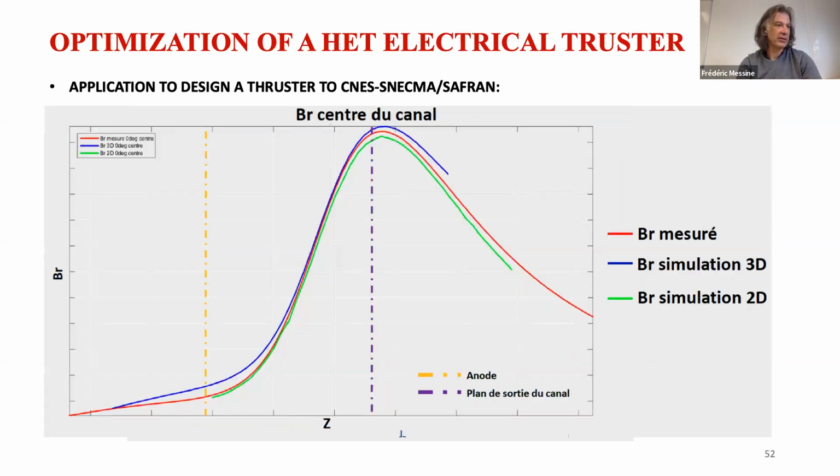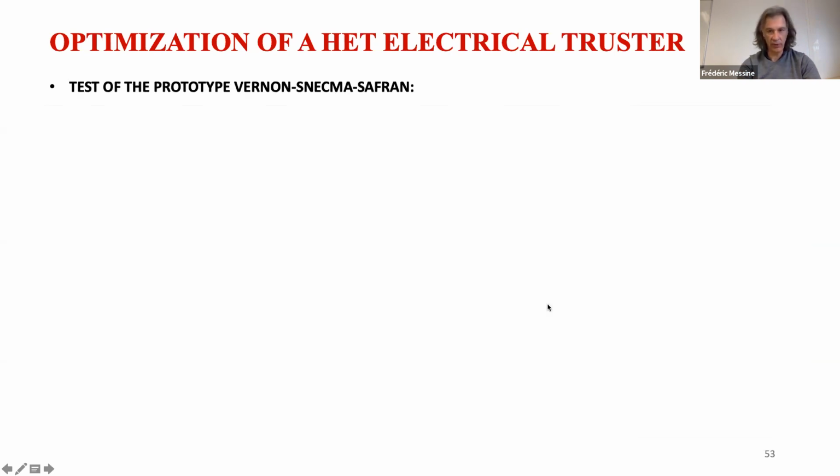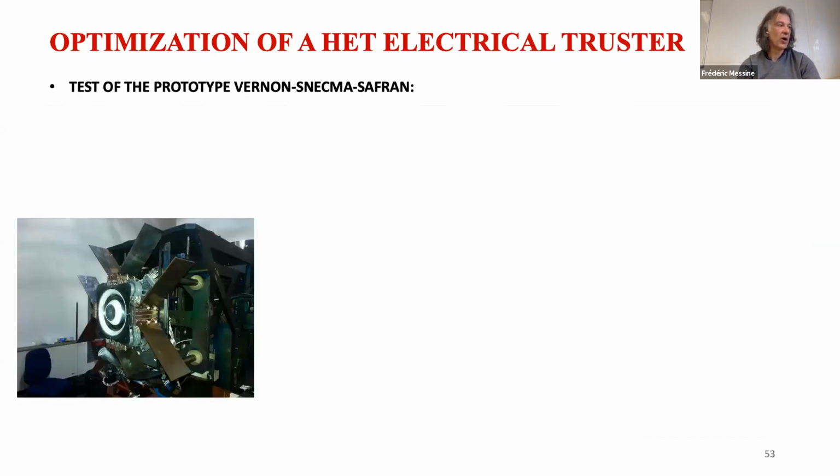We can also simulate the aim. What is measured is in red, what is simulated in 3D is in blue, and simulated in 2D, and everything is very interesting. We are very close for all those kinds of things.